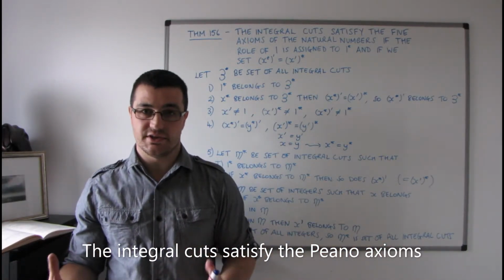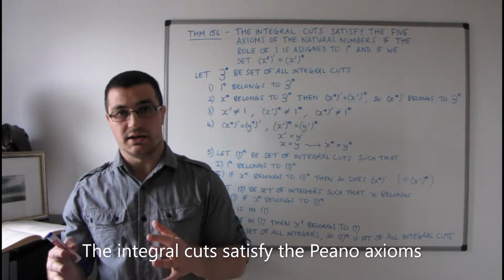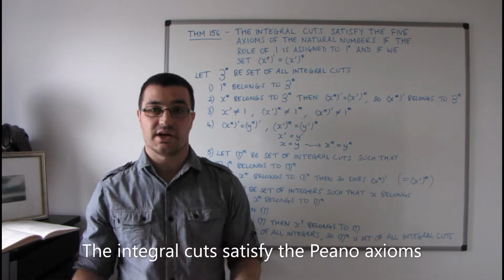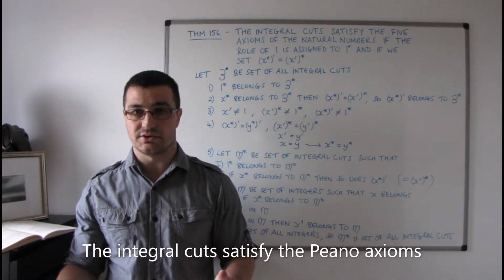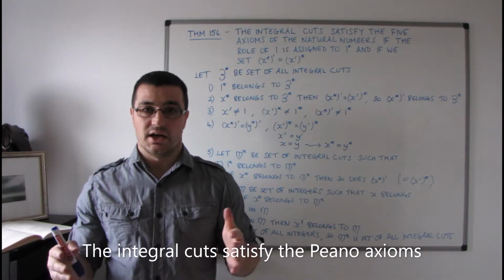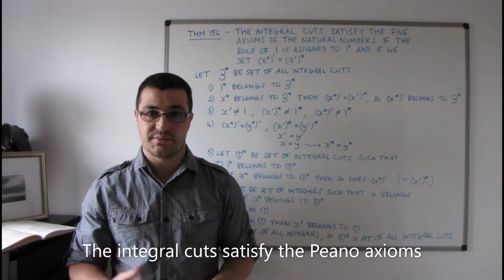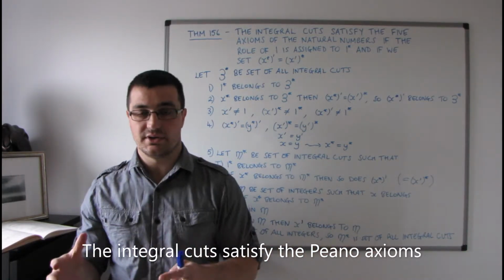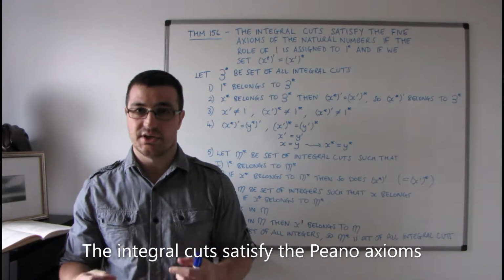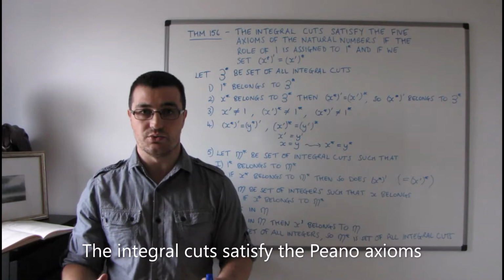Well, a similar thing's going to happen here. We're going to throw out the integers and the rational numbers, and we're going to bring in integral cuts and rational cuts to replace them. In fact, cuts in general. But there's a bit of a catch here, because previously, when we replaced naturals with integers and rationals, we clearly had something new.